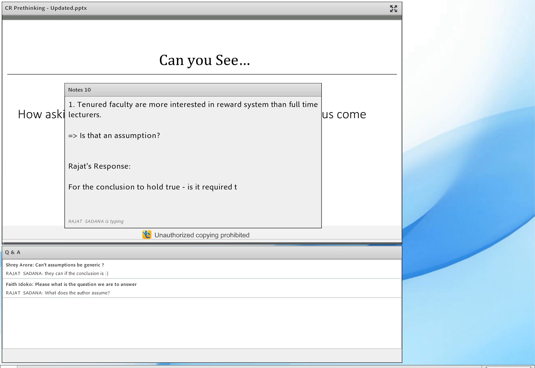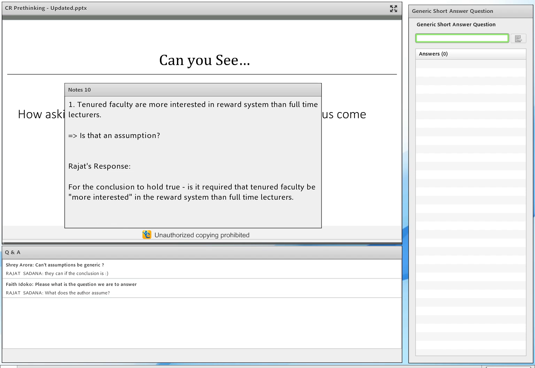Is it required that the level of interest in the reward system for tenured faculty be higher than that of full-time lecturers?